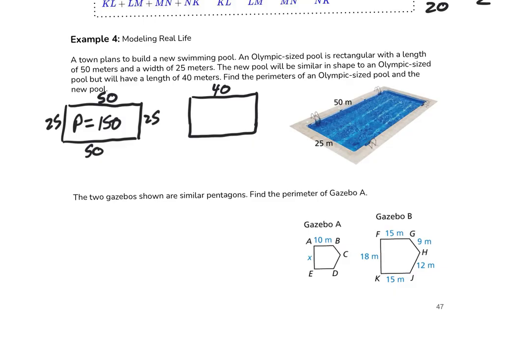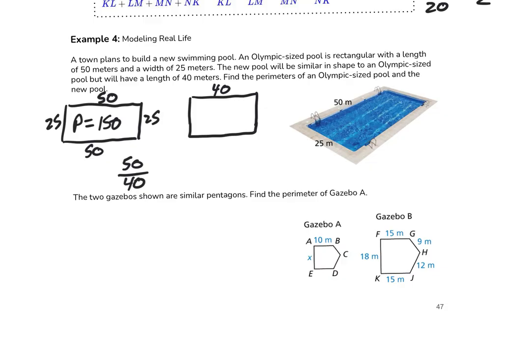If I were to do a size change here and compare the sides of this, you have to compare length to length or width to width. You can't compare like 50 to 25, right? That doesn't do any good because you're comparing two lengths on the same pool. So I have to compare this length to this length or this width to this width.